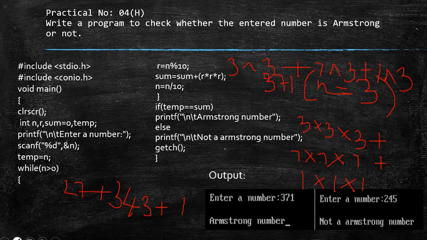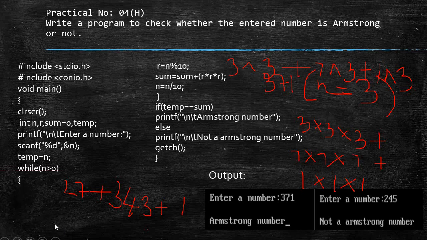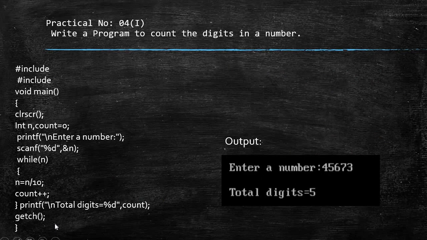Now I will move to the next program. The next program is to count the digits in a number. Whichever number we have entered, it will count the total digits we entered. The logic is that we have used a while condition.